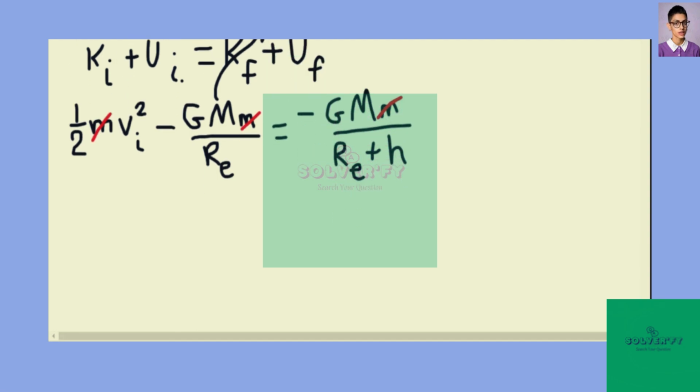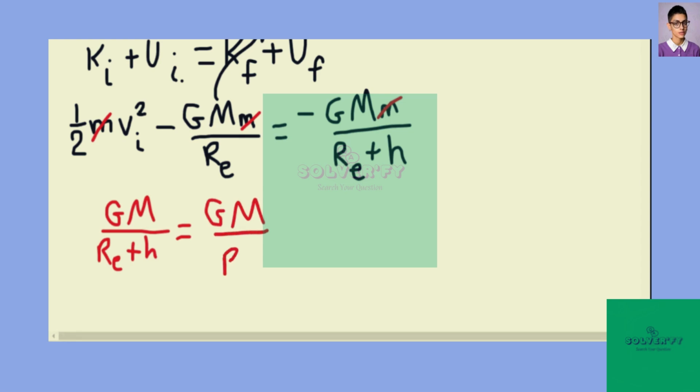So I'm going to multiply by -1 on both sides. That's going to give me GM over R_E plus h equals GM over R_E minus 1/2 v_i squared.